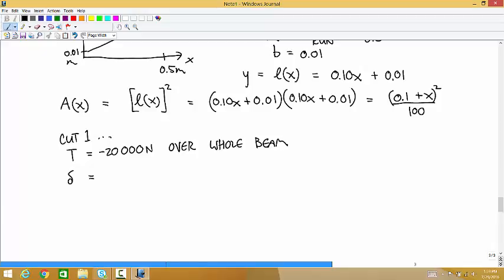So the elongation is equal to the integral from 0 to 0.5 of negative 20,000 dx divided by the Young's modulus, 200 times 10 to the 9, and then also divided by that area function, which is 0.1 plus x squared with 100 in the numerator now.